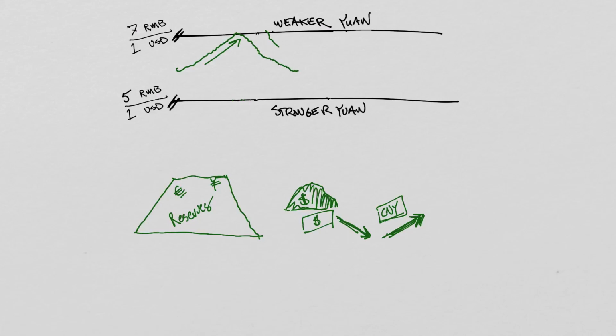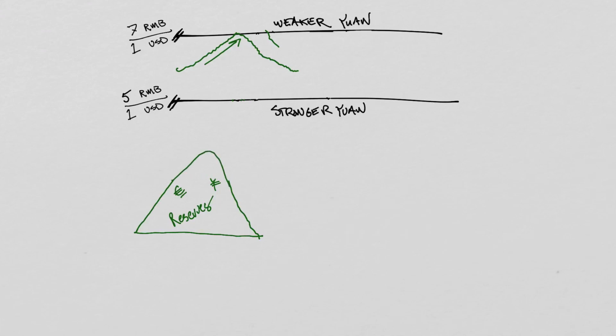So that's why central banks of countries that manage their exchange rate have to have a bunch of foreign exchange reserves. In the case of China, which manages its currency versus that of the US dollar, actual reserves are about $5 trillion.